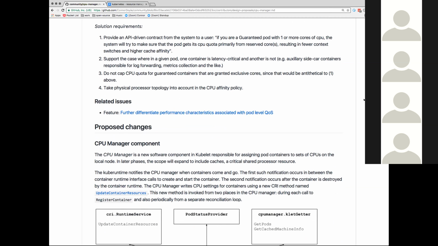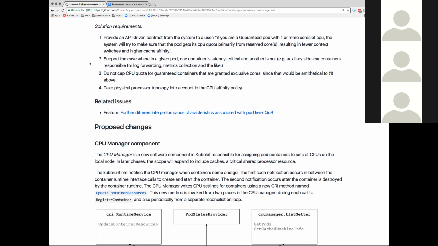And so if you're of guaranteed QoS class and you request an integer number of CPUs, then there's at least one policy that will try to make sure that you get all of your quota from reserved cores so that you have fewer context switches and higher cache affinity. So that's really the main requirement that we're getting to.